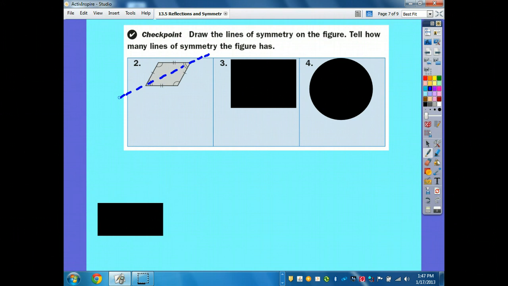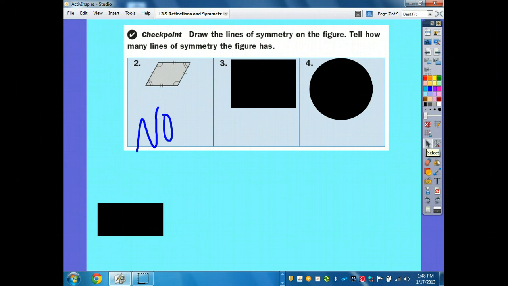This is not a rhombus. So therefore we know that that one is a big old no. Doesn't work any way you try to fold it. It is not going to work.